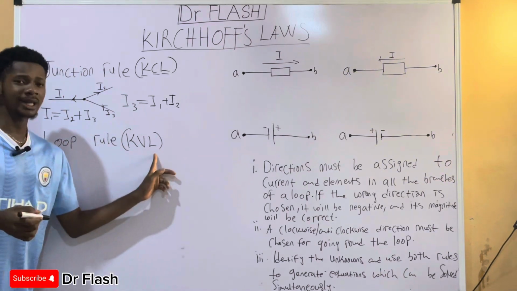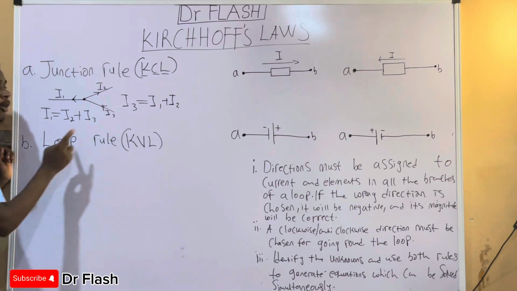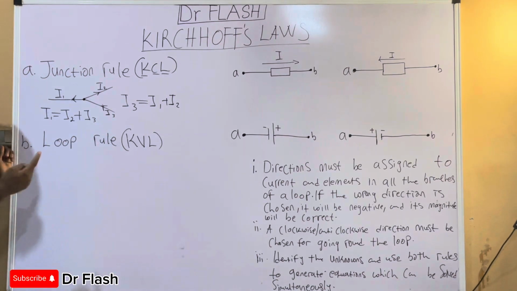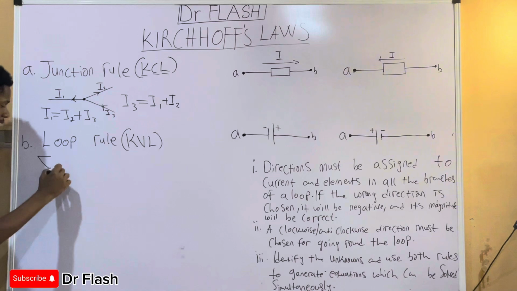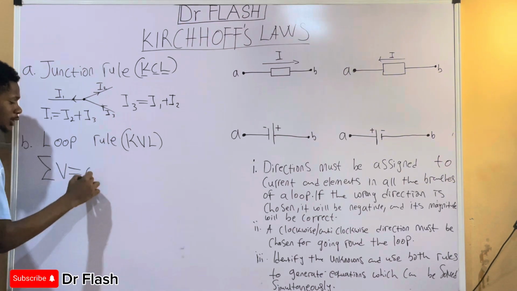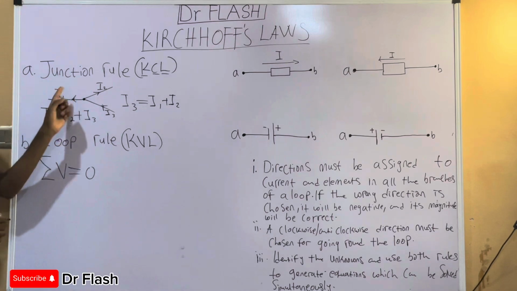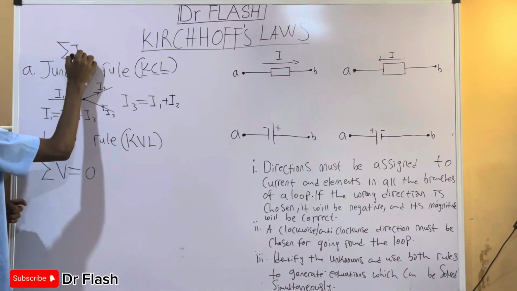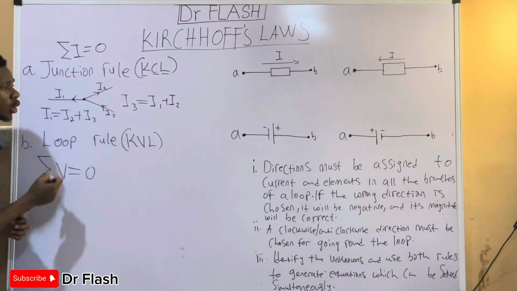This law is saying that the algebraic sum of potential differences, or voltages, across a loop is equal to 0, in the sense that whenever we take the net sum of the potential differences across a loop, it is always equal to 0. Similarly, with the junction rule, whenever we take the algebraic sum of the currents at a junction, it is equal to 0. What do I mean?